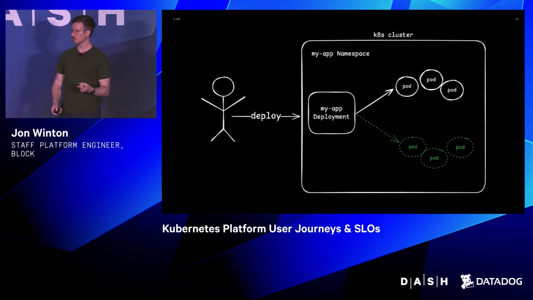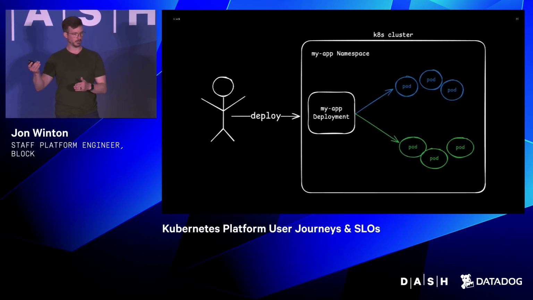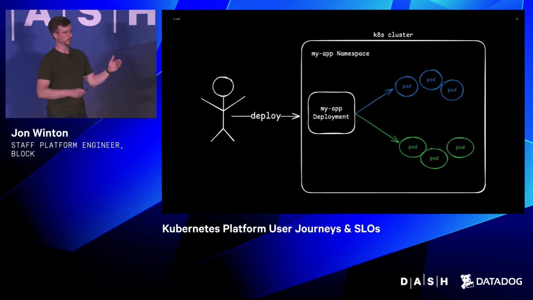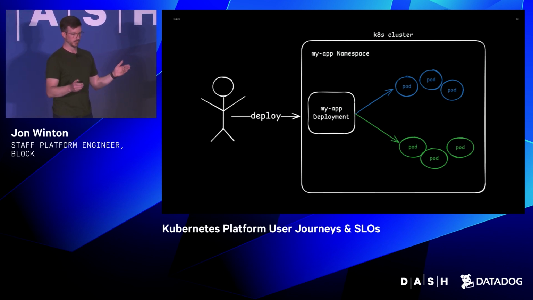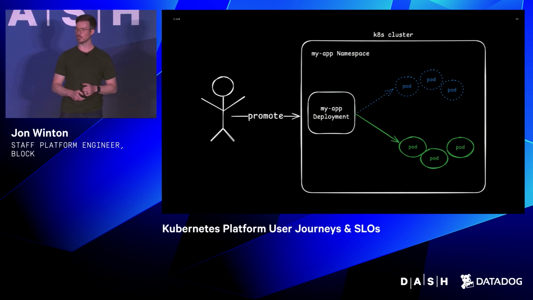You deploy. We're doing the blue-green, so those new sets of pods start to come up. Once they come live, we've got our old code, the blue pods, our new code, the green pods, and everything's running. The user looks at all the signals coming from the system and says, green's so good to go, let's promote that.